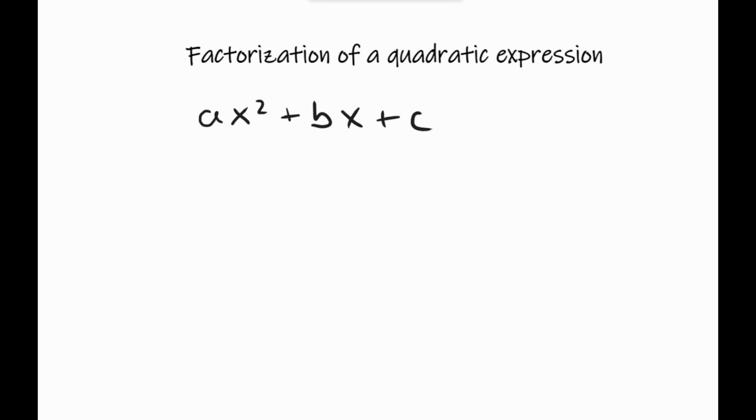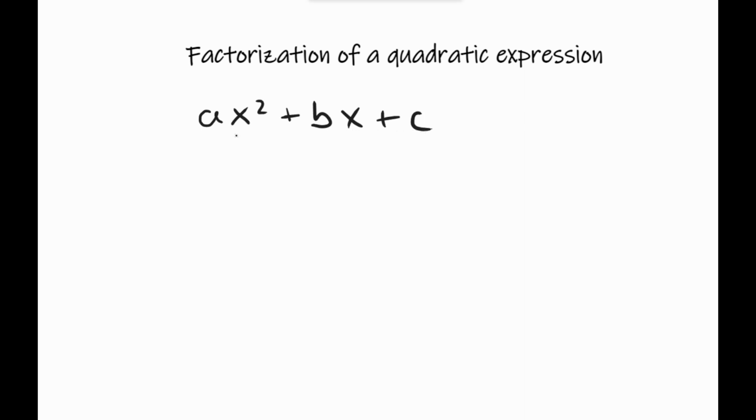In today's video, I will show you two ways to factorize a quadratic expression. Firstly, let's take a closer look at the general form of a quadratic expression.